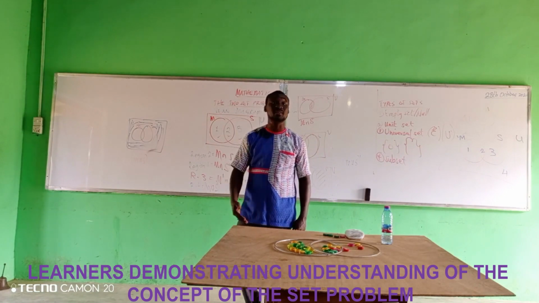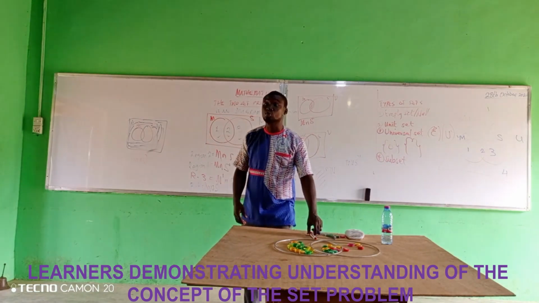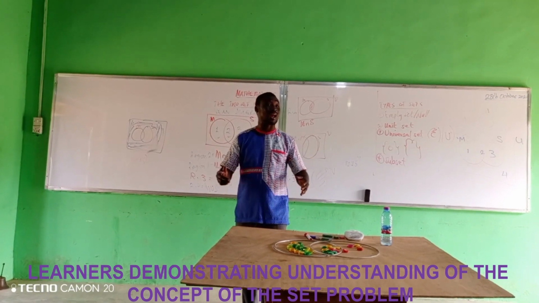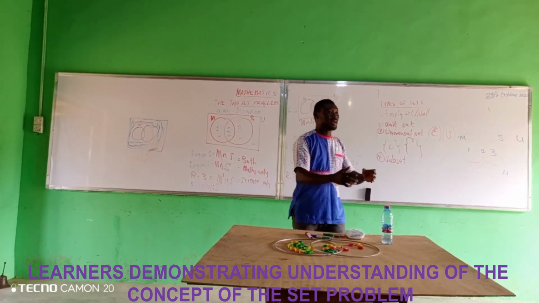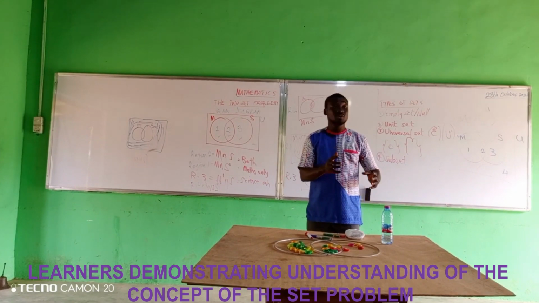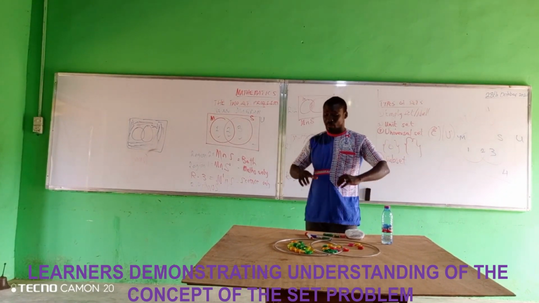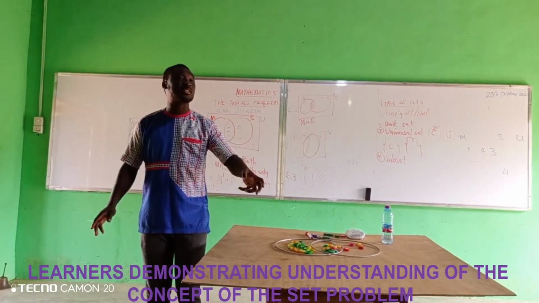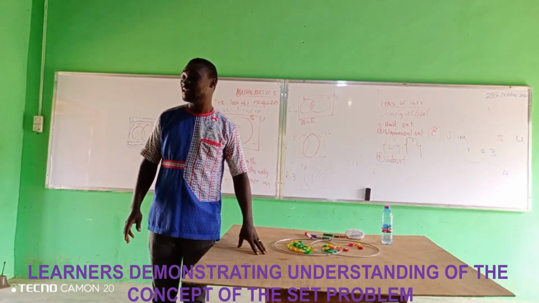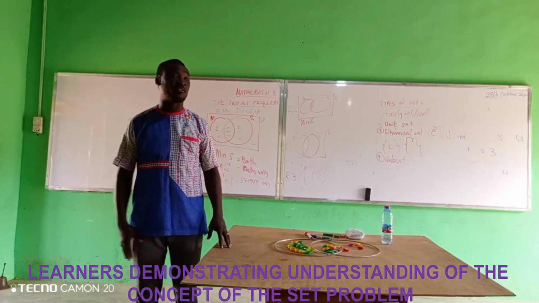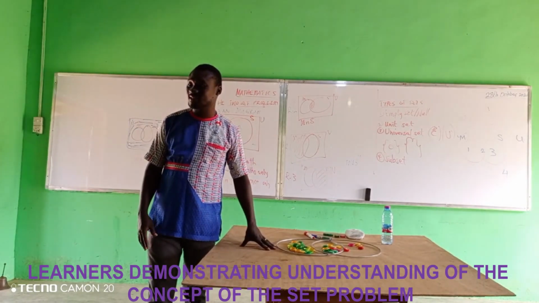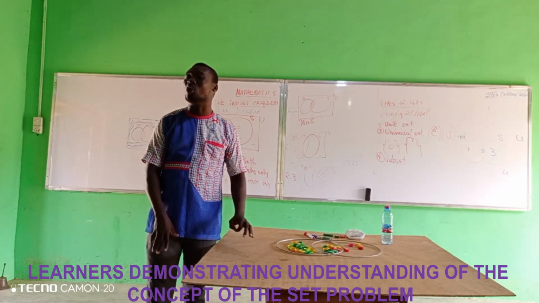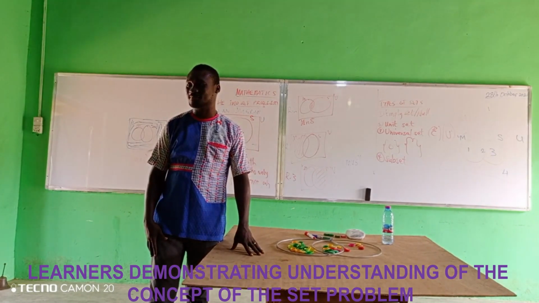Listen, in our next meeting, we are going to do practical examples. Let's say, in a class of 31 students, 14 offer science and 20 offer mathematics. How many students offer both science and mathematics?